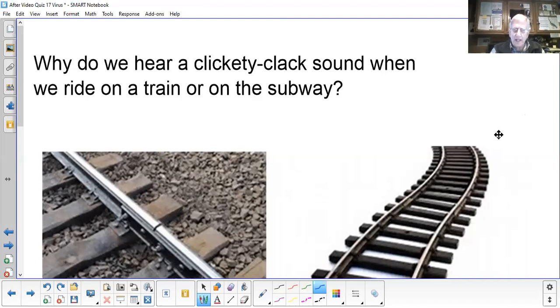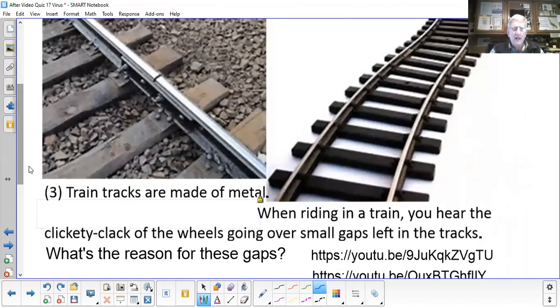This doesn't look like it has any spaces in it between the rails, but this one definitely does. All right, well, as it turns out, you're going to see that train tracks, of course, are made of metal. And when riding a train, you hear the clickety-clack of the wheels as you go down the tracks, okay? And it's because of the gaps that have been left in the tracks. What is the reason for these gaps?